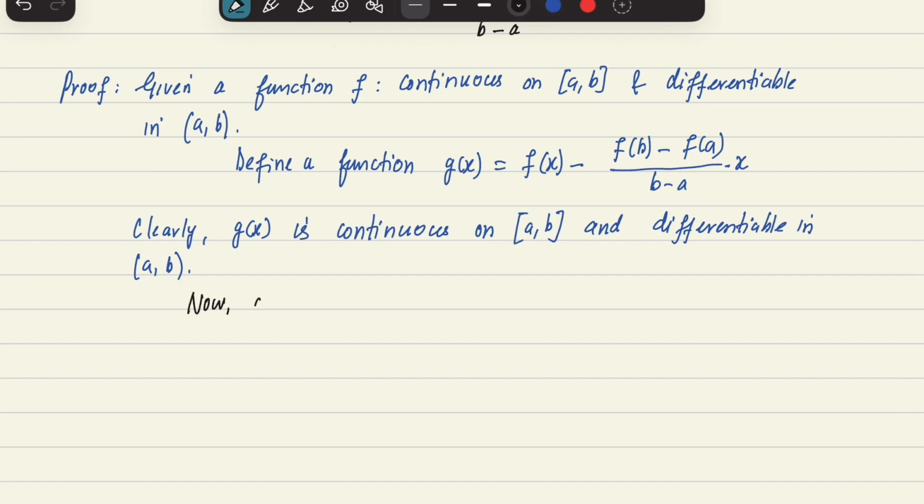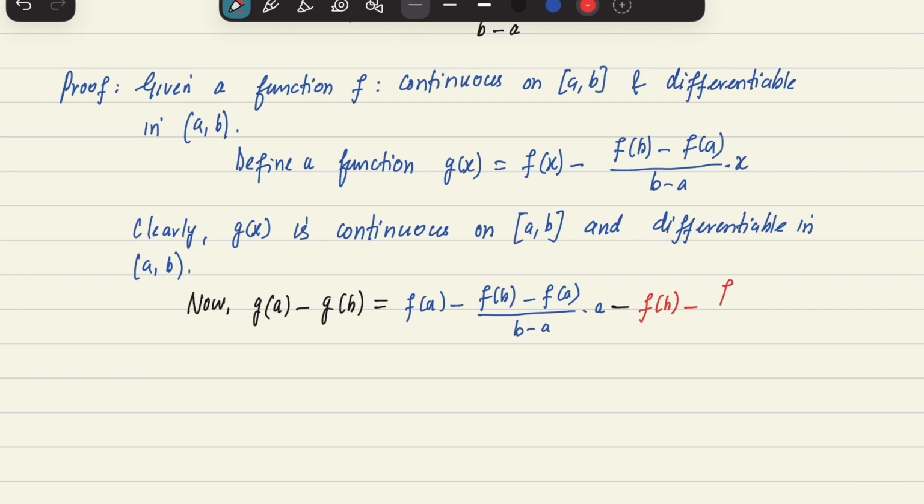So now g(a) minus g(b), this is equal to, now g(a), that's equal to f(a) minus (f(b) minus f(a)) divided by (b minus a) into a, then minus g(b), and g(b) can be written as f(b) minus (f(b) minus f(a)) divided by (b minus a) into b. So these are the values of g(a) minus g(b).